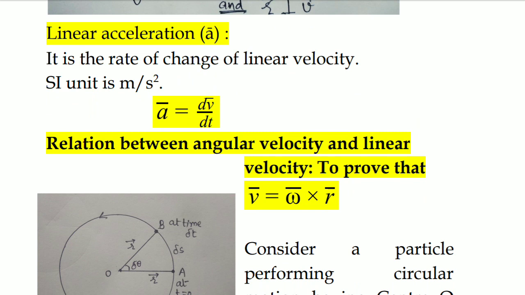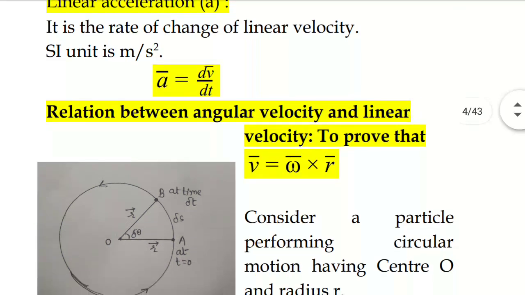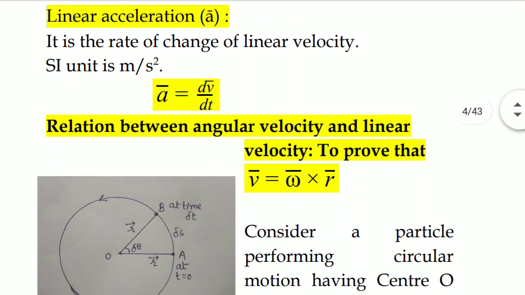Usually the mathematical expression was v minus u upon t, whereas in this case, because delta t is a very small time in which the linear velocity changes by delta v, the instantaneous acceleration is given by dv by dt. So that is the acceleration in the case of a particle performing circular motion. Even the direction of acceleration will be continuously changing in this case.